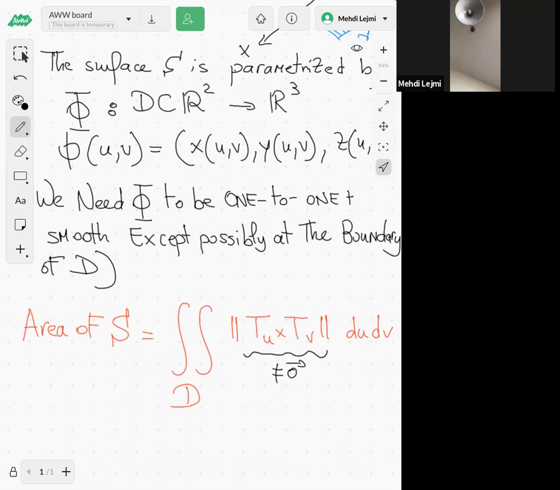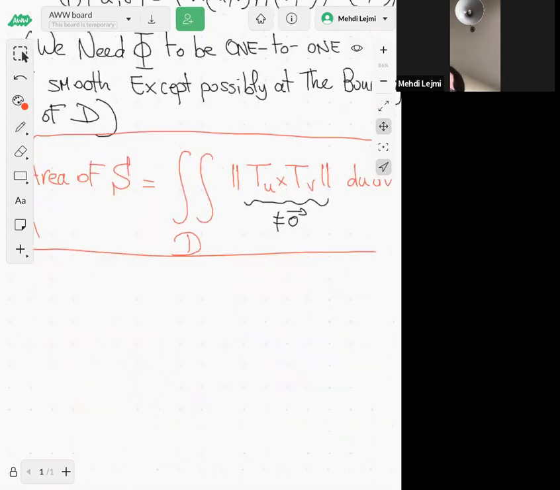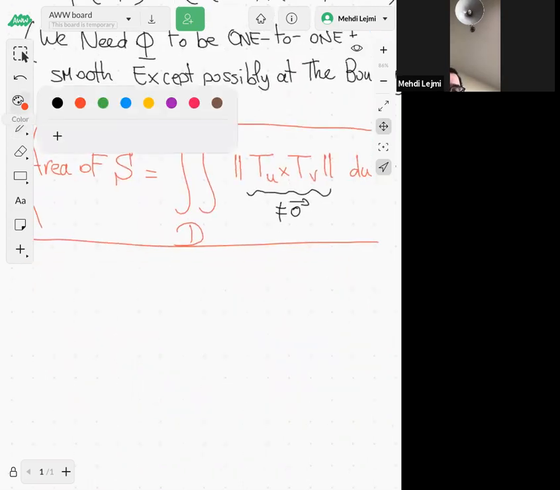Anyway, we have this formula. This is the area of our smooth surface S. Now, I think we had just one example. Now let's have more examples.